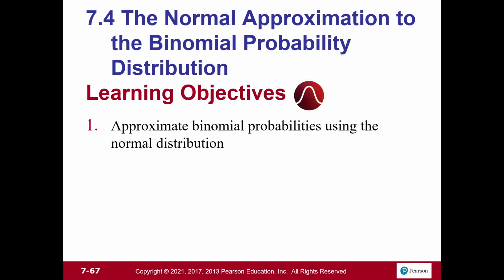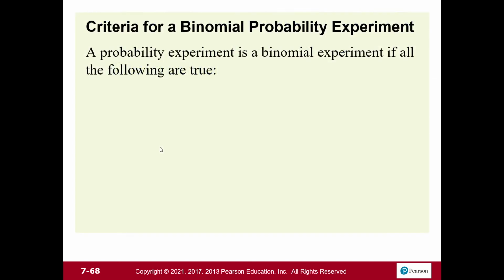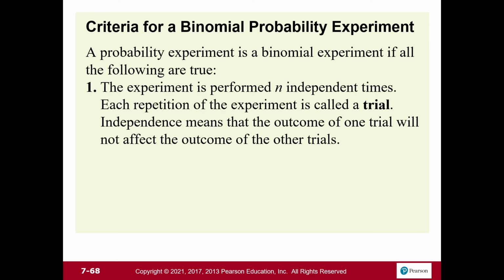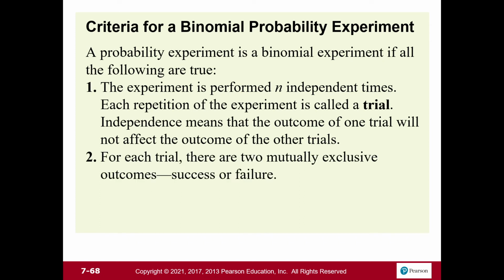So here is the 7.4 normal approximation to the binomial probability distribution, and that's the main objective here. So the criteria for a binomial probability experiment: if all of these things are true, we will have a binomial probability experiment.